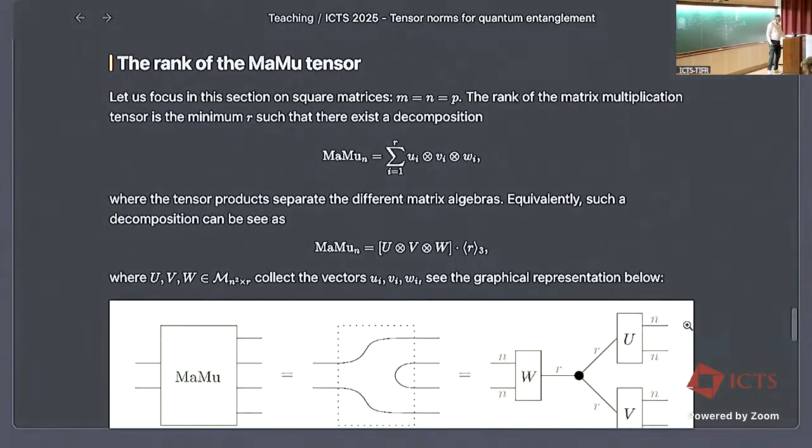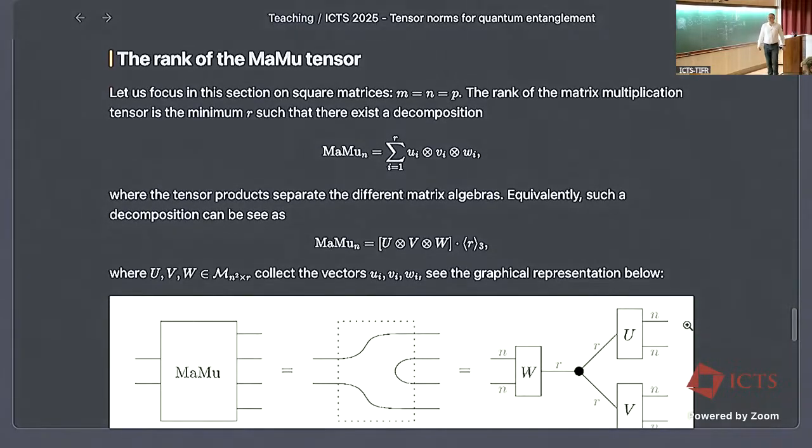Okay. Let's go back to our favorite tensor, the matrix multiplication tensor. So let's take all the matrix dimensions to be the same, M equals N equals P. And remember, the rank of the matrix multiplication tensor is the minimal R such that you can write your tensor like this with the factoring corresponding to matrices.